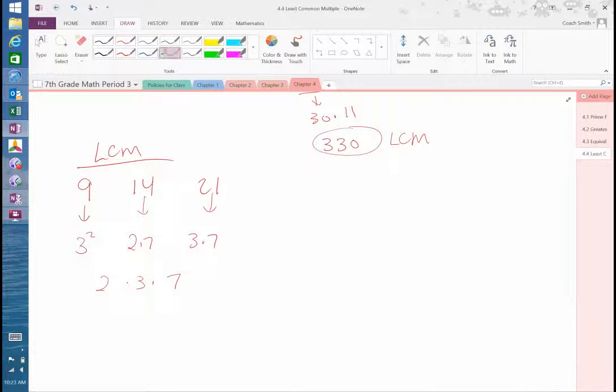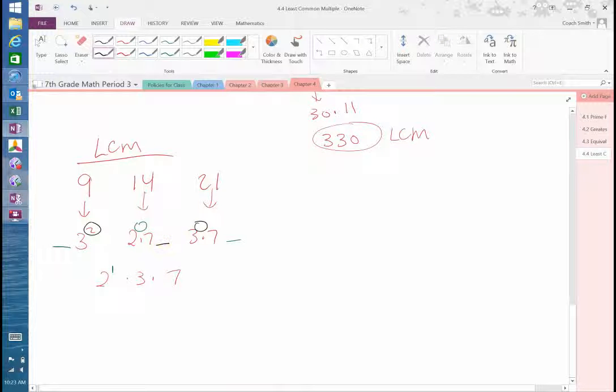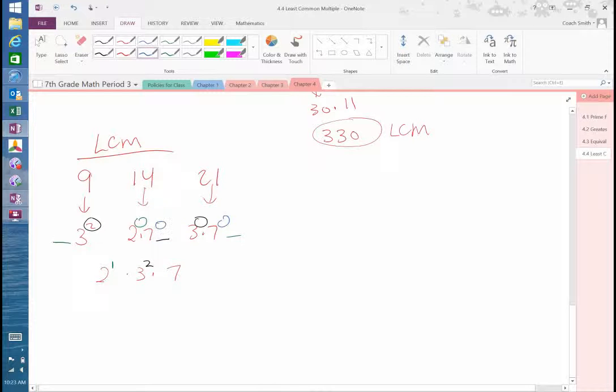Next is to find the highest power or the greatest exponent of each prime factor. So I have 2 to the first, no 2, no 2. So I use 2 to the first. I have 3 to the second, 3 to the first, no 3. So I use 3 to the second. I have 7 to the first, 7 to the first, no 7.